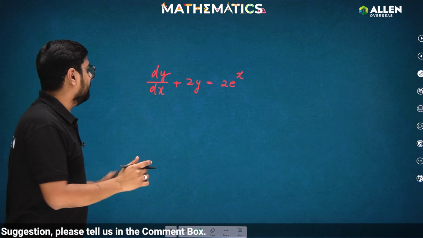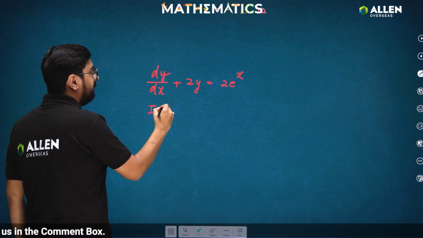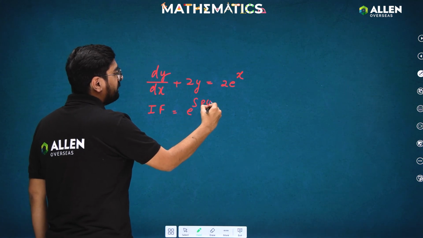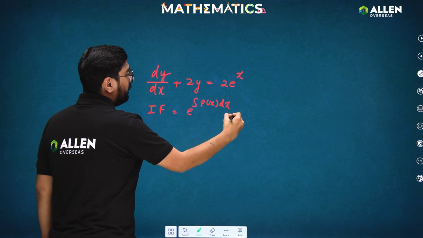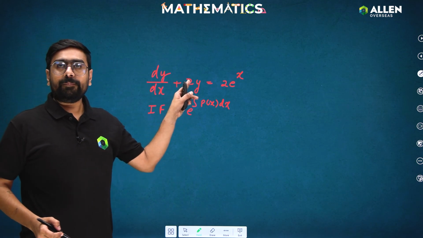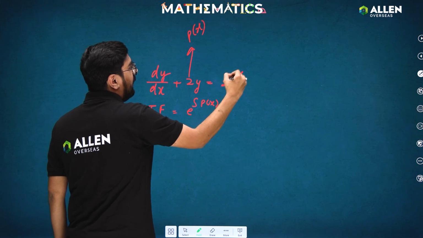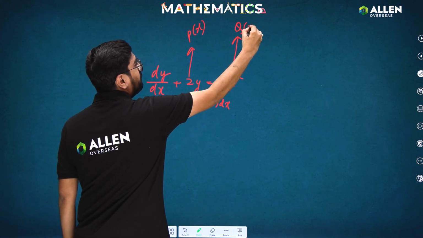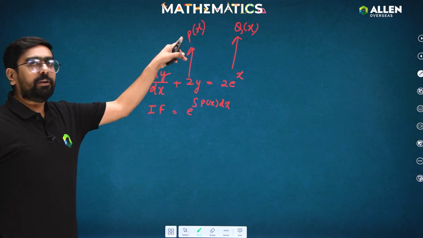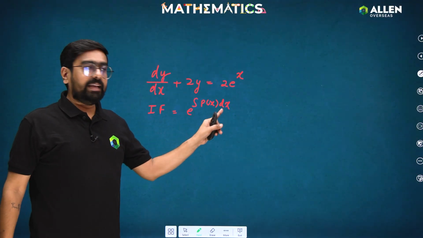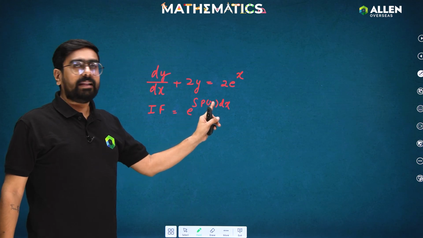That's the integrating factor, e to the power of integral of p of x dx. What is p of x over here? 2 is p of x, and this entire thing is q of x. So p of x dx will be my integrating factor.